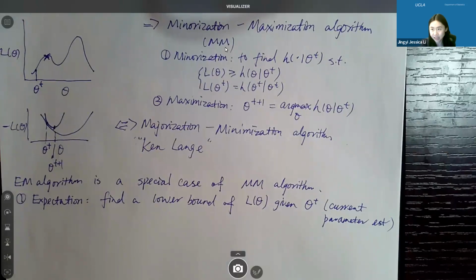So let's say it's an iterative algorithm. Let's say we already finished t iterations and we have this current estimate called theta t. Given that, and given our likelihood function to be maximized, we want to find the lower bound.